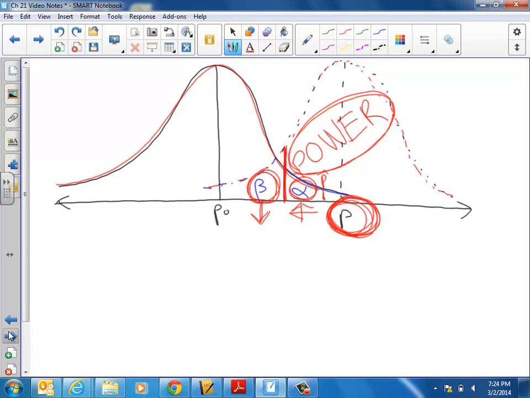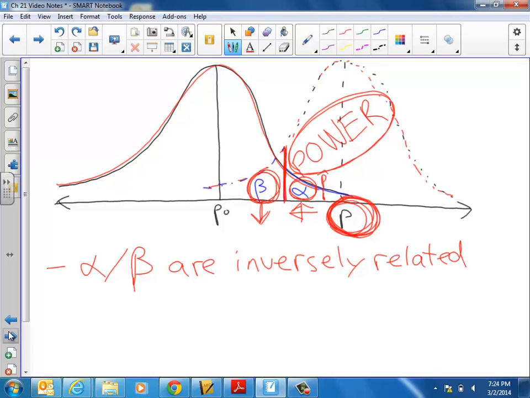All right, so alpha and beta are inversely related. If alpha goes up, then beta goes down.